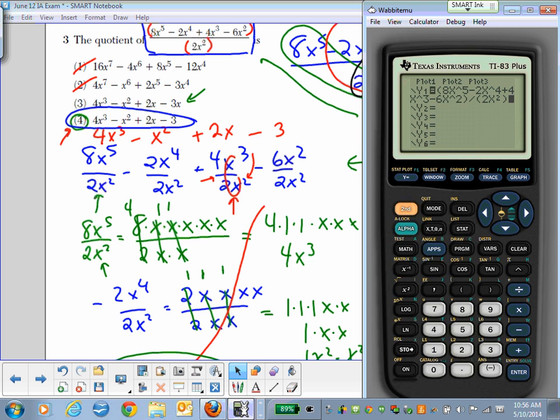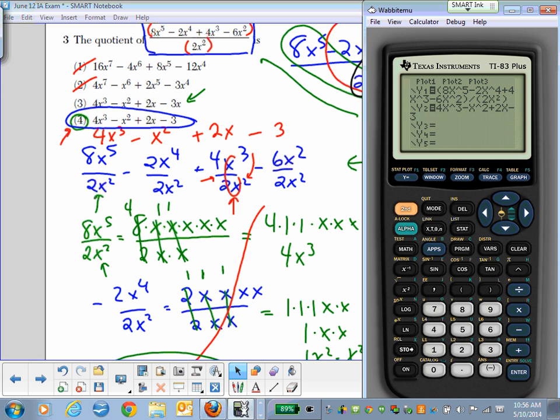Now I want to put the answer in y2. So for y2, I'm going to put in 4x to the 3rd minus x squared plus 2x minus 3.